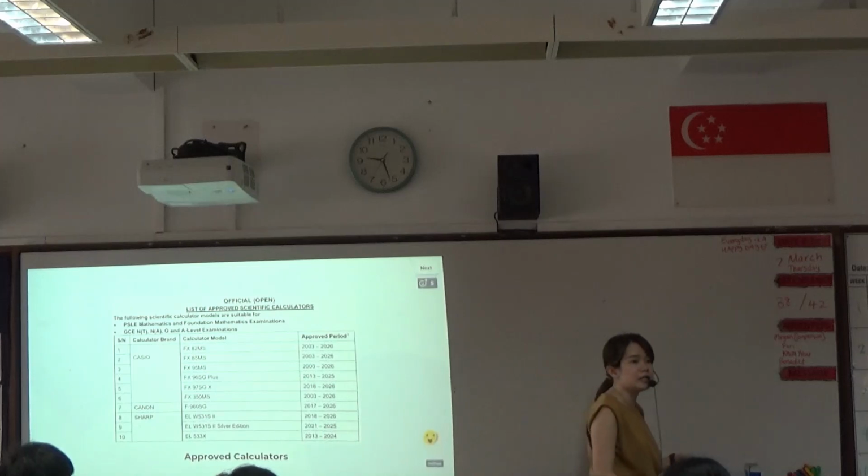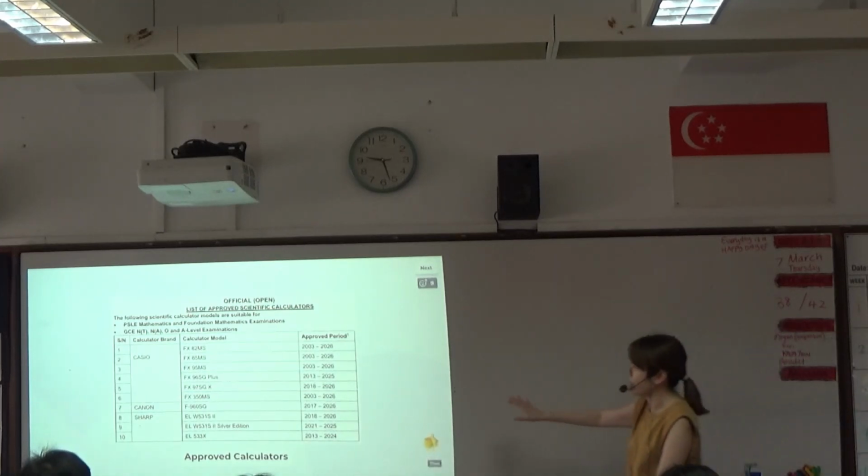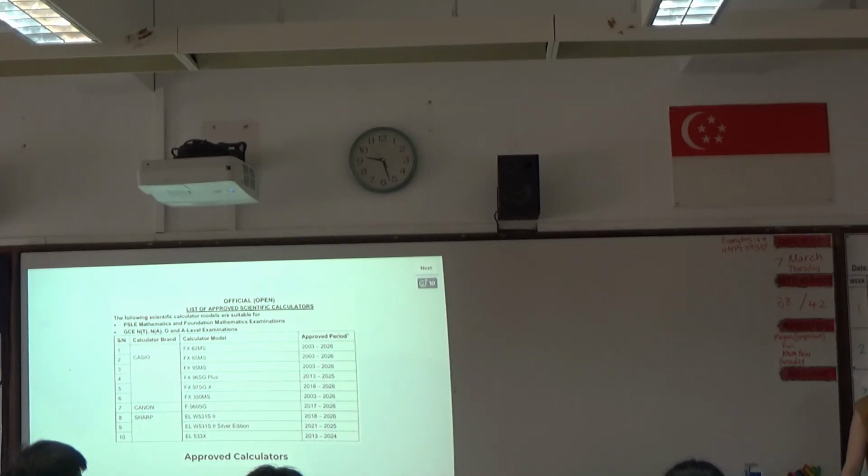If your calculator model doesn't meet this, you will need to go and get a new one now. The time period is the approved period, you don't have to care about it. Usually, once it's approved, you should be able to continue. Anyway, if you go to JC, you will use a graphics calculator. It's a more expensive calculator, about 5 times more expensive than what you currently have.